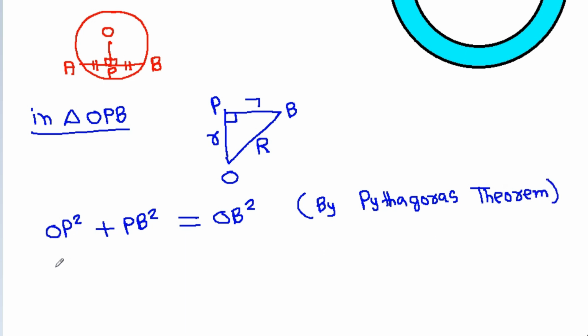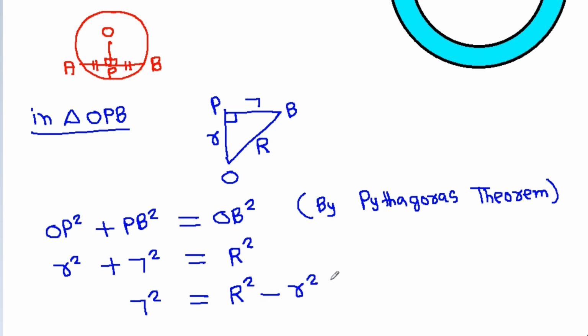And OP is small r square plus PB is 7 square, equal to OB is capital R square. So 7 square will be equal to capital R square minus small r square.